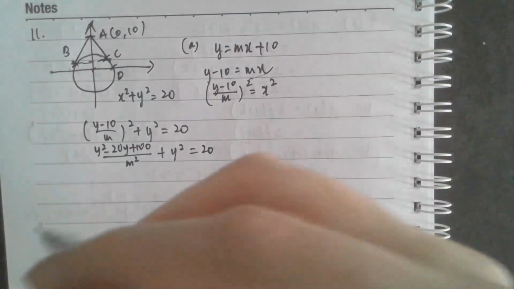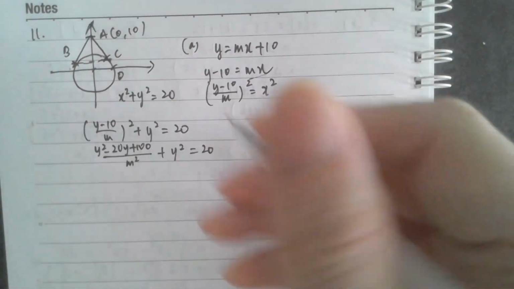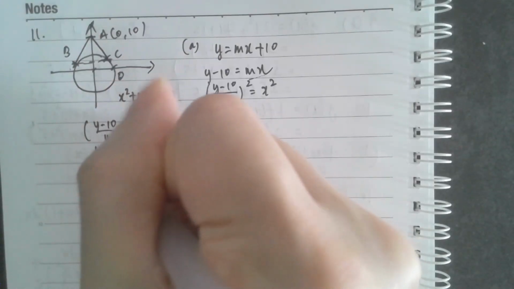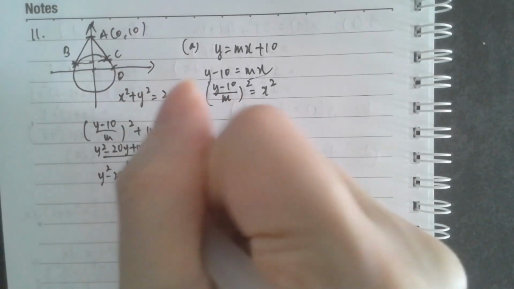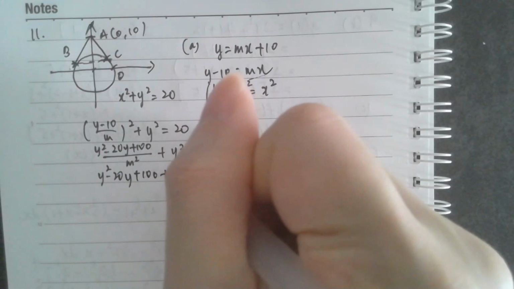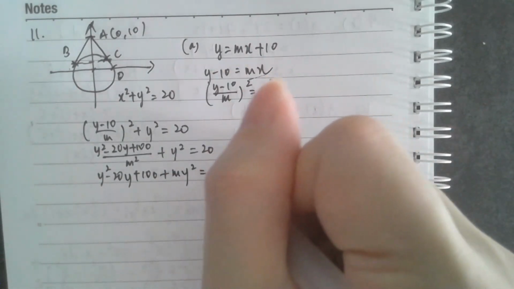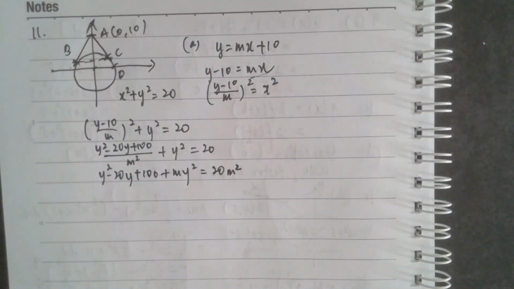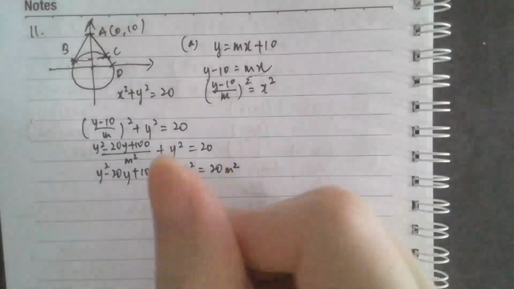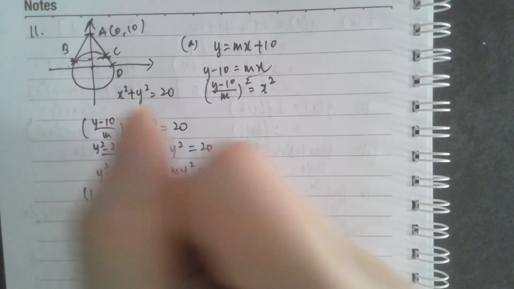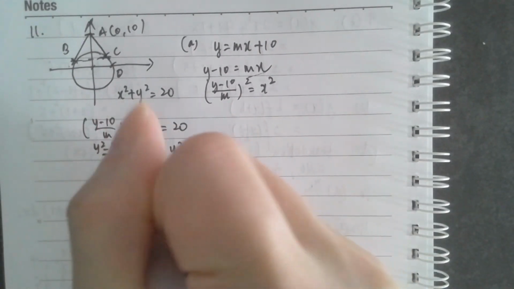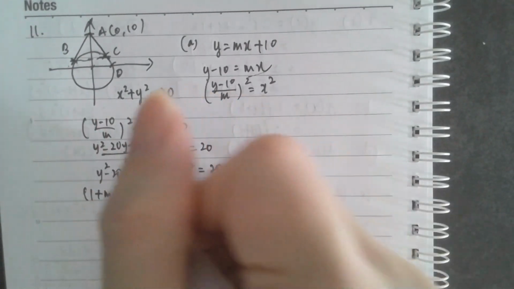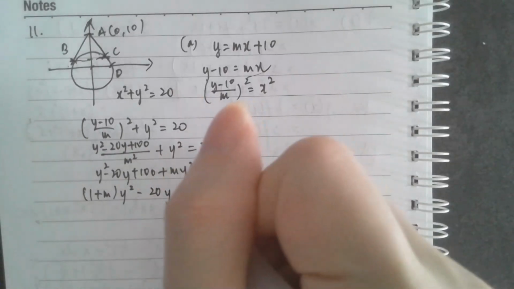We don't like to work with fractions, so I can multiply m squared across, giving y squared minus 20y plus 100 plus m squared y squared equals 20m squared. This is a quadratic. We can put everything together on one side, so that's the a, and that's the b, and that's the c.